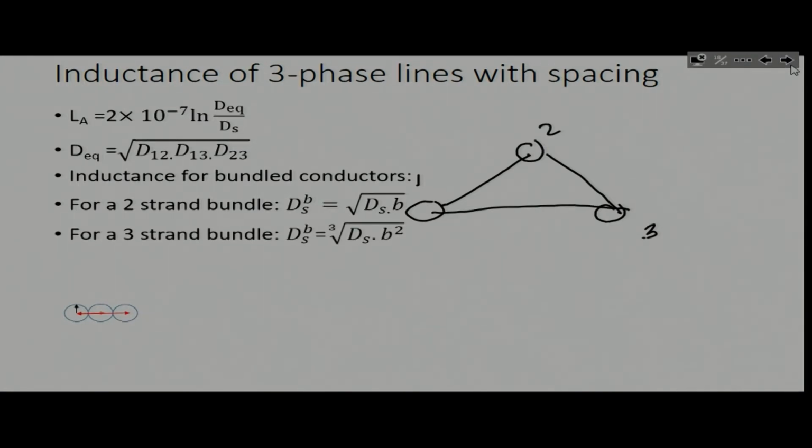Then for a 3-strand bundle it is the cube root of Ds times d squared, and then you've guessed correctly, for a 4-strand it will be the fourth root of Ds times d cubed, but there's something wrong there. That should be times 1.09. Okay.